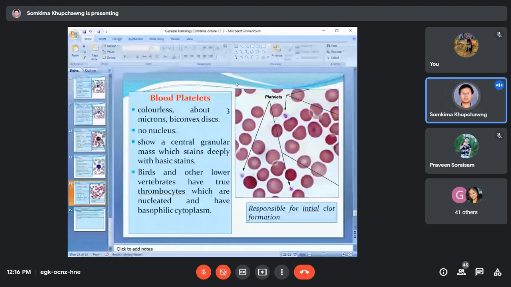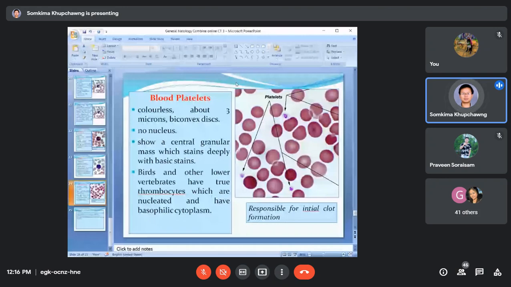Birds and other lower vertebrates have thrombocytes, which are nucleated. That is one important difference, and they have basophilic cytoplasm. And what is the importance of blood platelets? They are responsible for initial clot formation, blood clots.